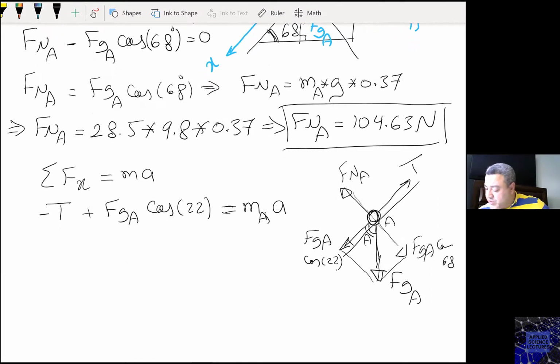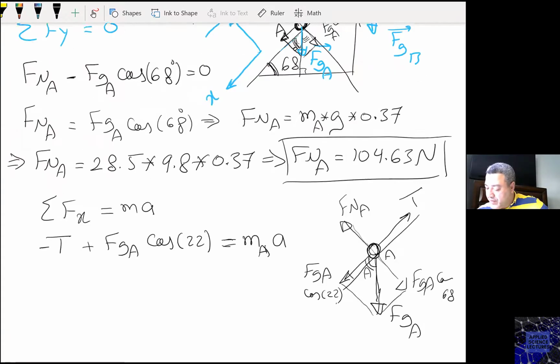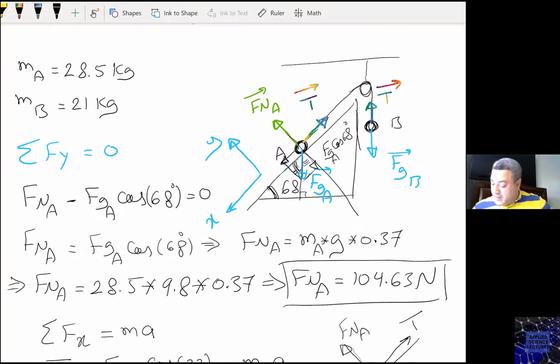My second equation will be for the other box. However, I want you to pay attention to this. If I am taking the motion to be positive going down the surface, I have to pay attention to the positive direction also.